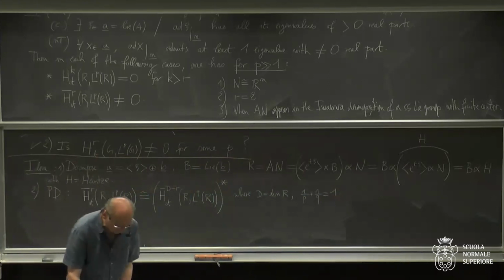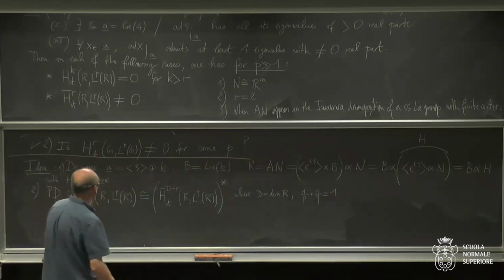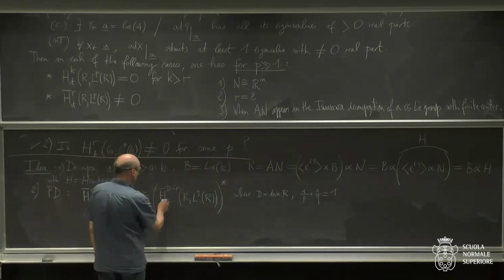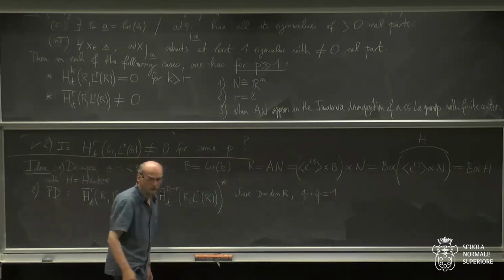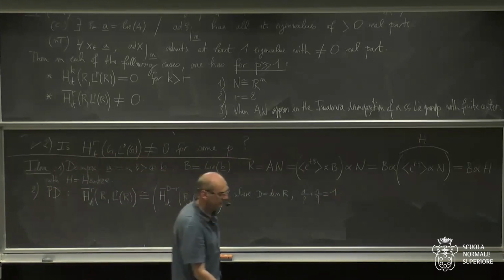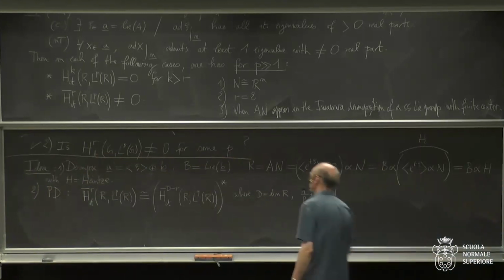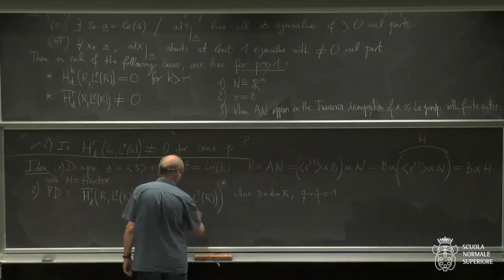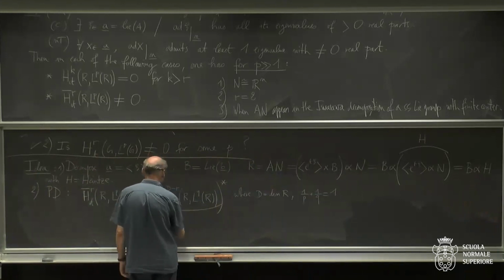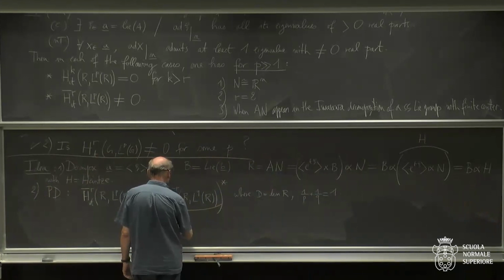But this is known to be Hausdorff. This part is known to be Hausdorff. But it is in fact equal to the non-reduced cohomology.